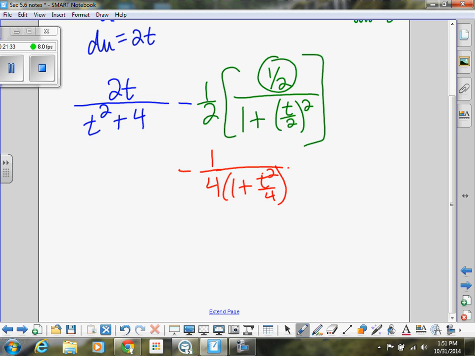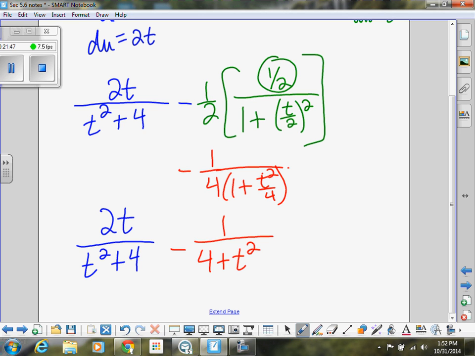So when I distribute that, I get 1 over 4 plus t squared. And so this one is t squared plus 4. So they have the same denominator. So when we combine those together, we just have 2t minus 1 over t squared plus 4. And that's our derivative.